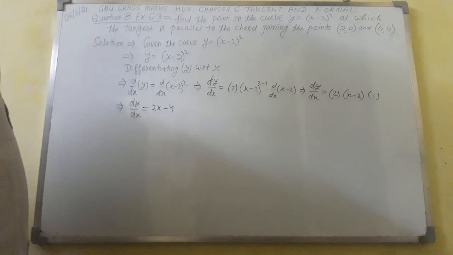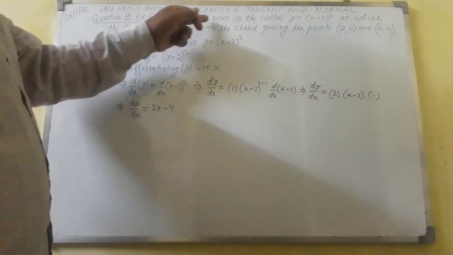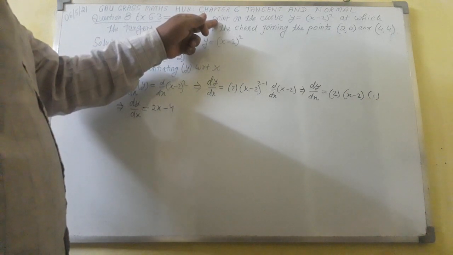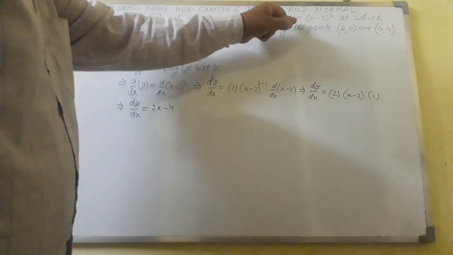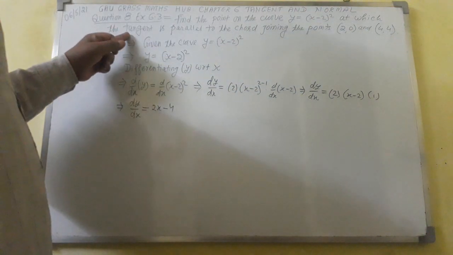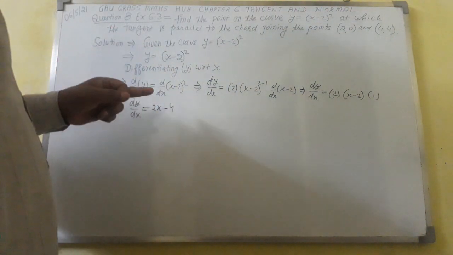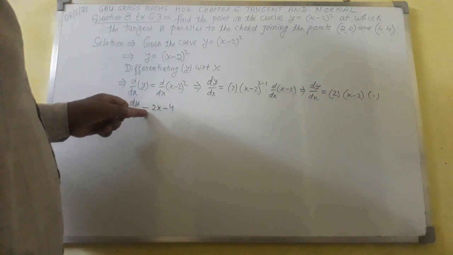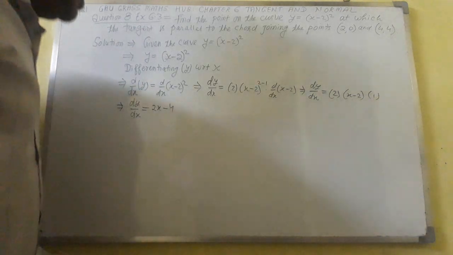Now what to do next? Here it says find the point. So we have to find the required point on the curve at which the tangent has slope dy over dx equal to 2x minus 4.